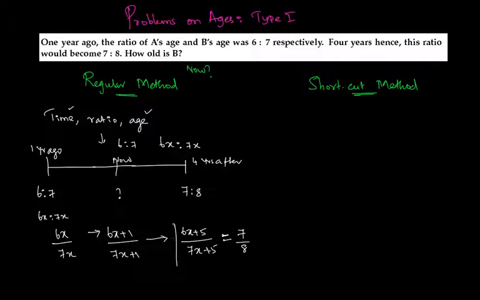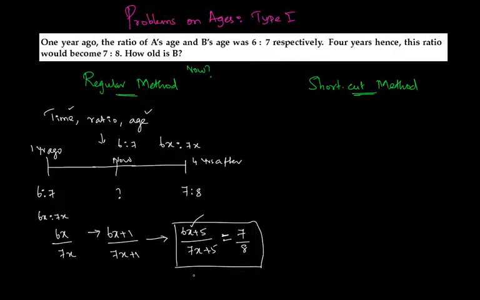Okay, this is the relationship between the ratio, that is 1 year ago, and 4 years after. So if we can solve this relation, then we will be able to get the solution. That is, we will get the x, that is hidden age. This is not age, the hidden value.